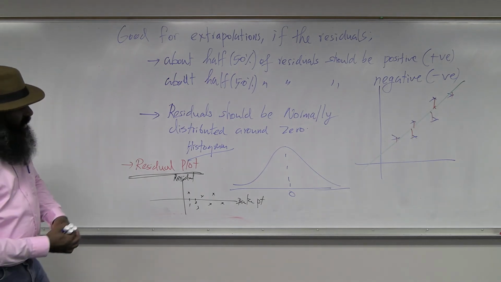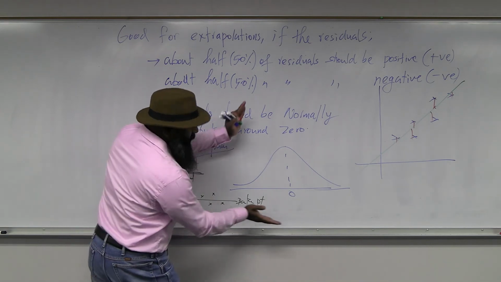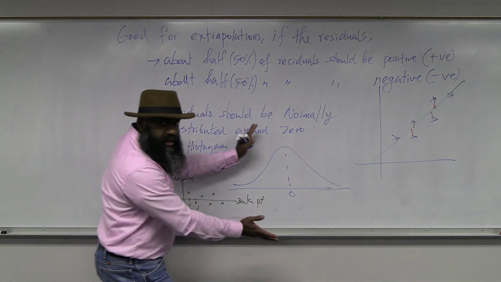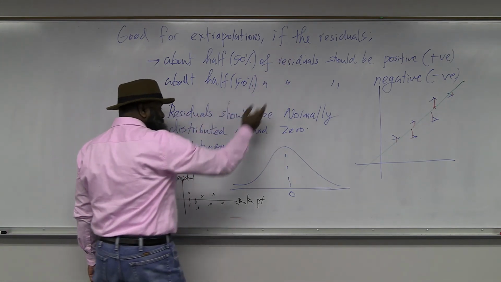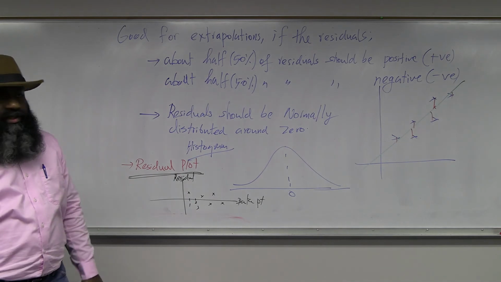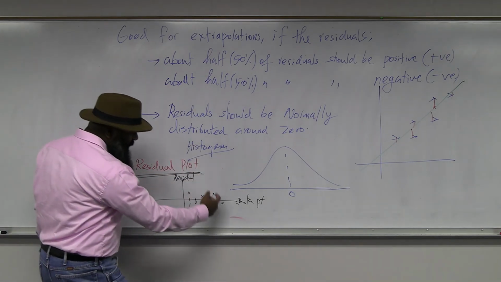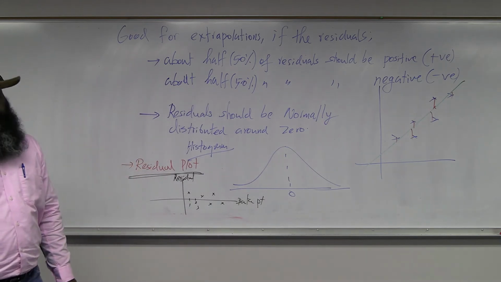If your residuals showed some pattern, for example, let's say the residuals were drawing like this, that's not good. And let's say the residuals had a straight line pattern, an increasing straight line pattern. That's also not good. Or sometimes the residuals can have an increasing and decreasing pattern, a sinusoidal. That's also not good.